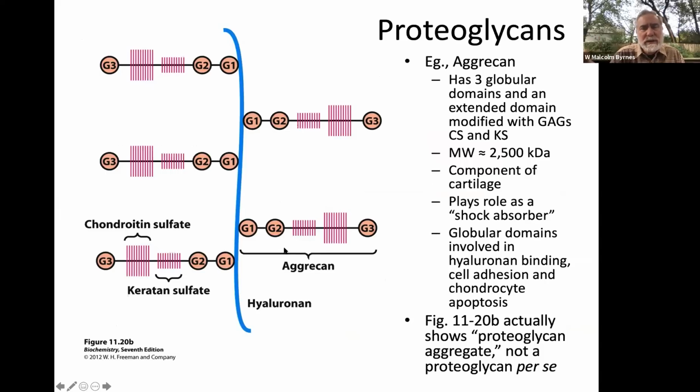It has a protein component and a carbohydrate, heteropolysaccharide, glycosaminoglycan component. This protein has 3 globular domains, G1, G2, and G3, and it has keratan sulfate and chondroitin sulfate groups or moieties attached.